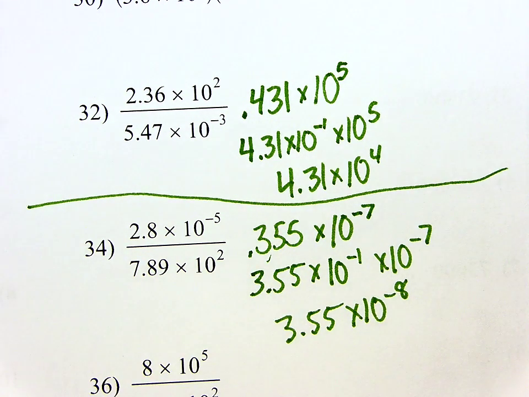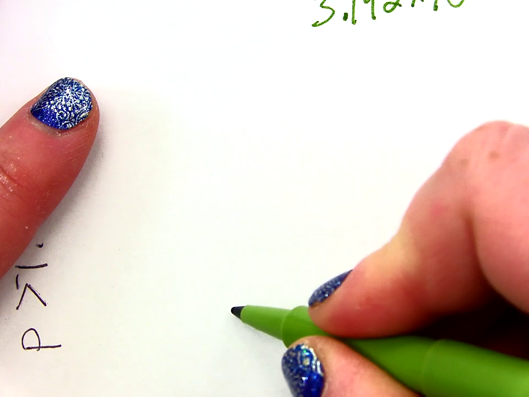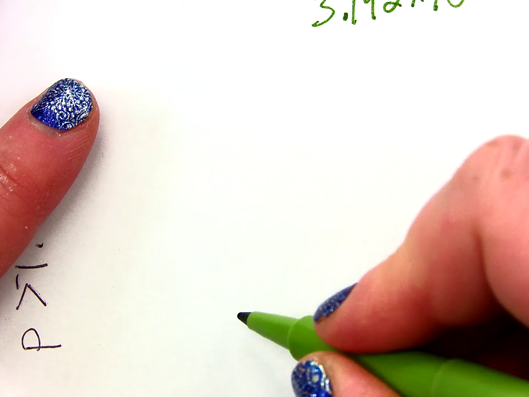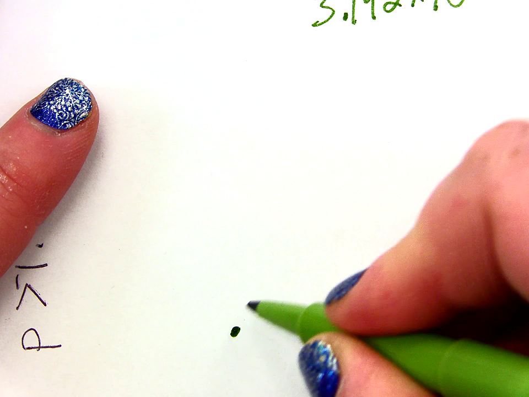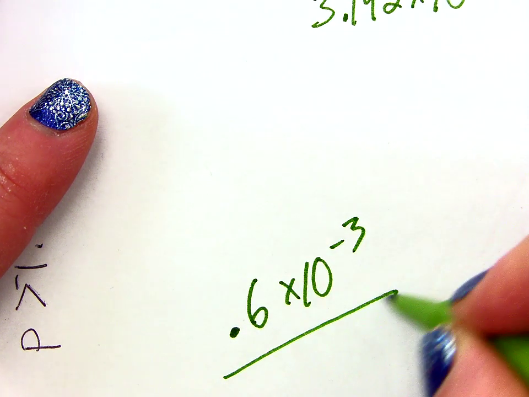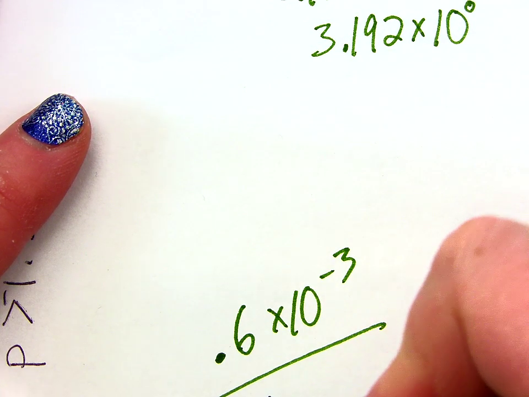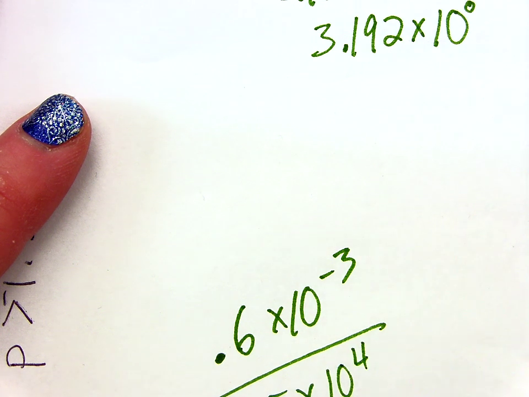No. You could have, let's see if any of these end up being like that. I'll make one up. Say I had 0.6 times 10 to the negative 3rd over 155 times 10 to the 4th.